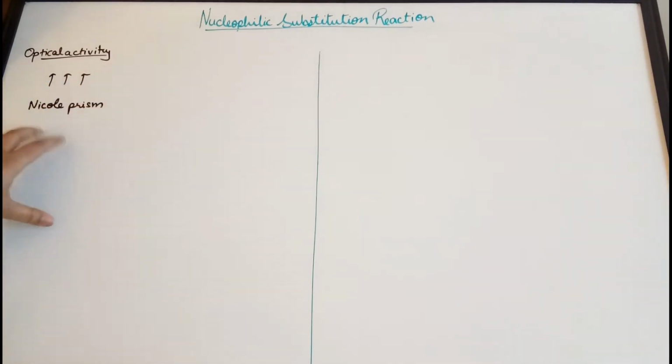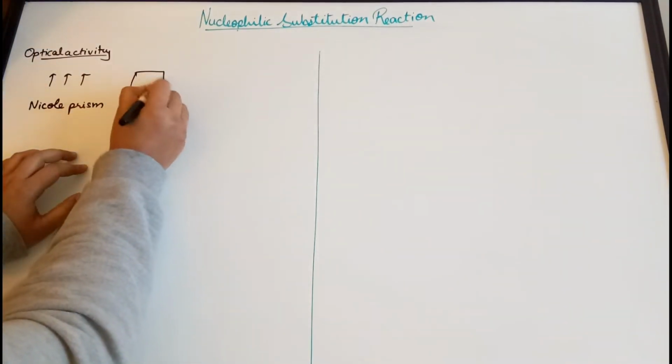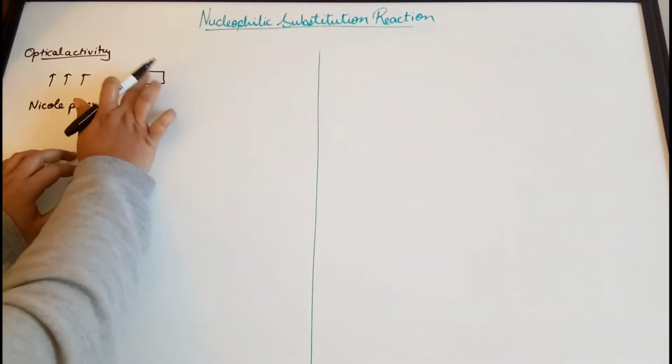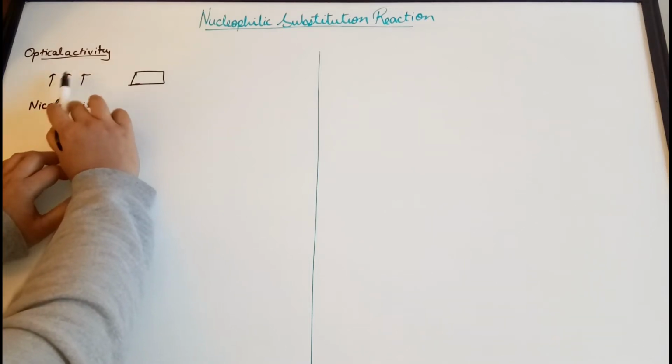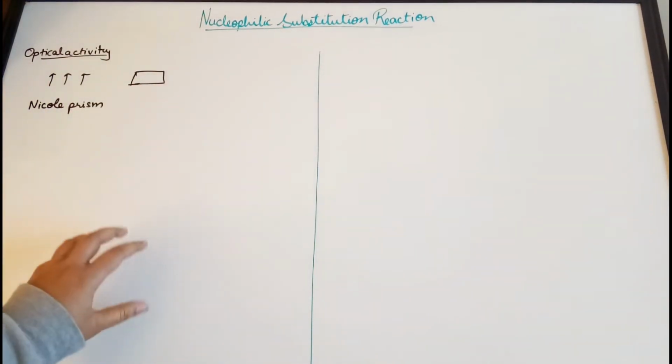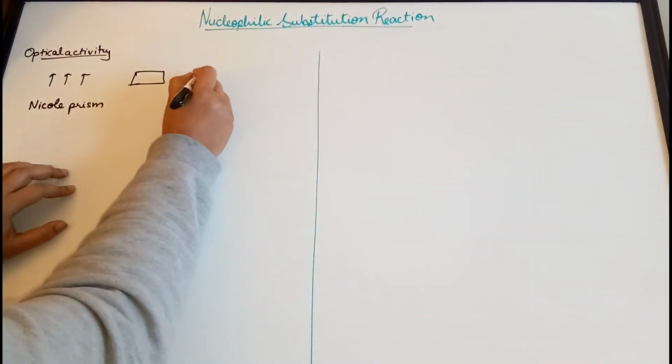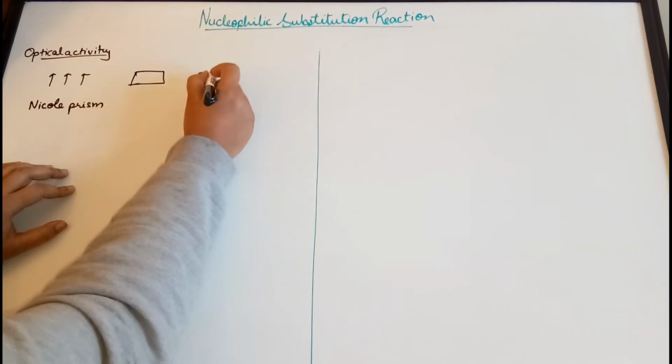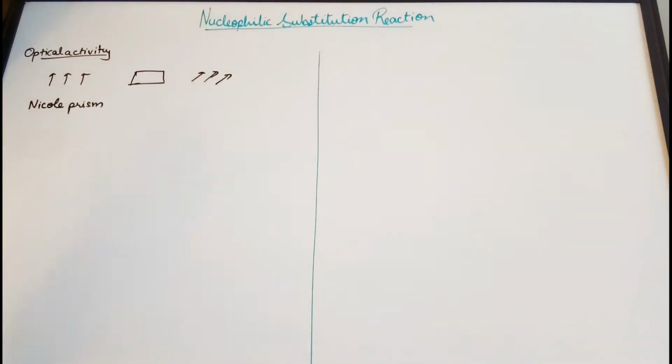So suppose this is the organic molecule in this box, and it is interacting with the plane polarized light. What happens is they tend to rotate the plane of the plane polarized light.